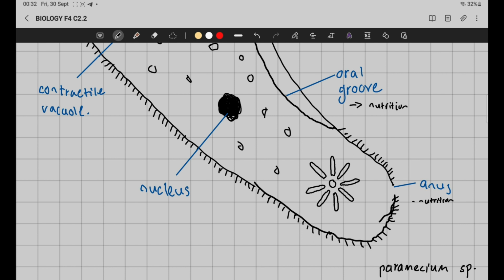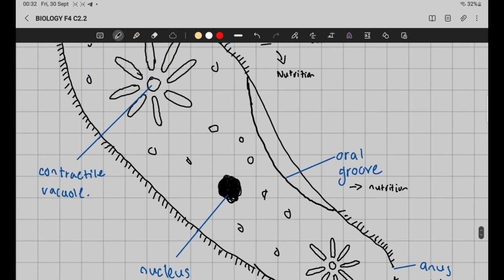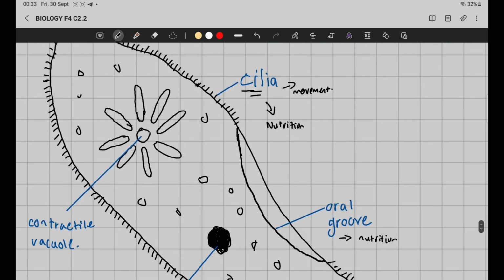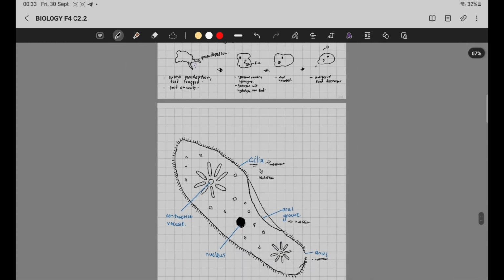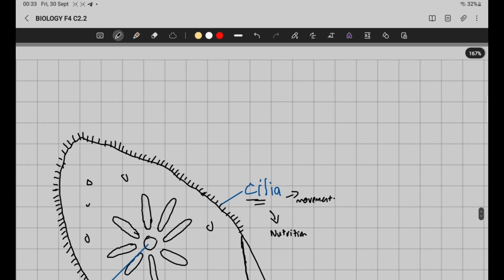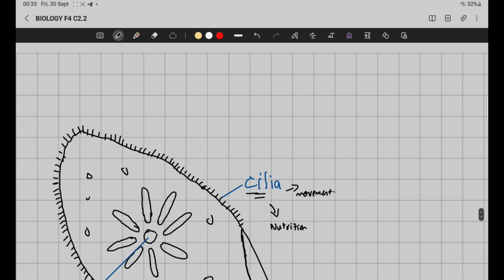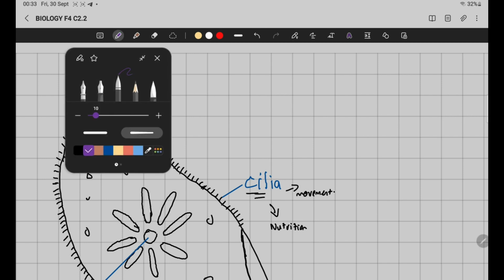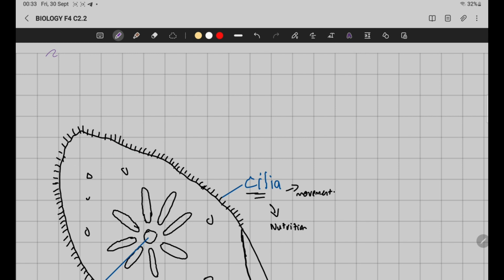The nucleus controls everything that occurs in the paramecium. And then you have the contractile vacuole. As you can remember before this, what does it do? It stores food, water and organic material. So first, let's learn about the nutrition process of the paramecium.